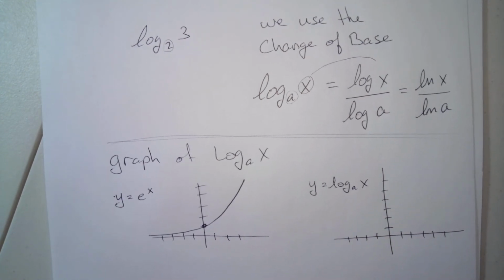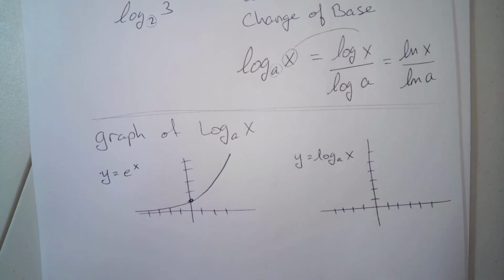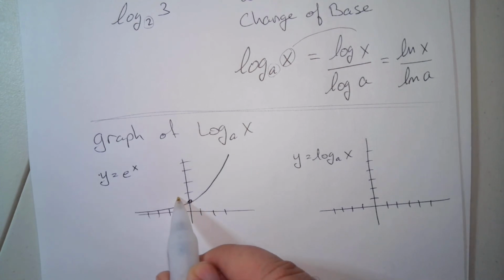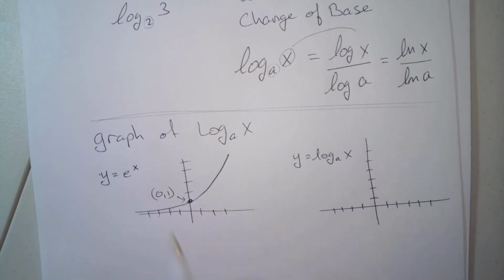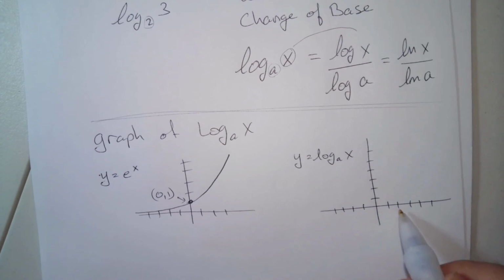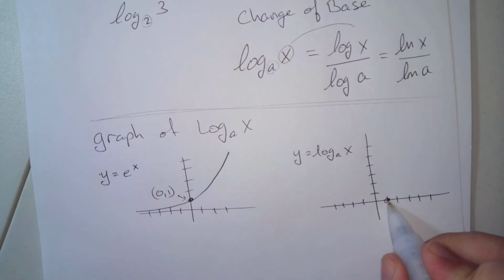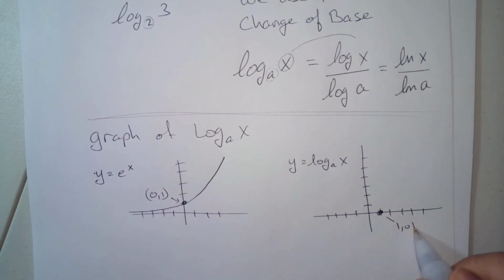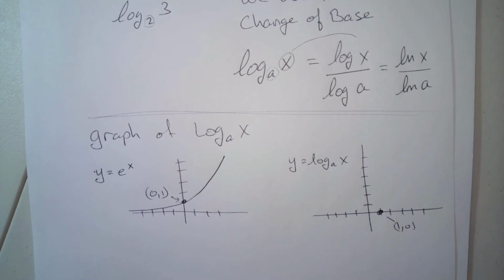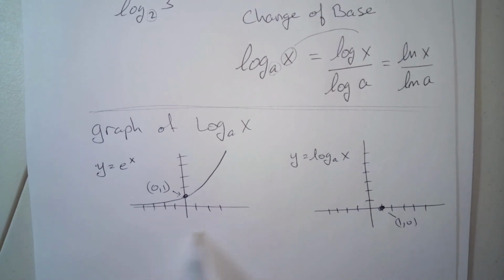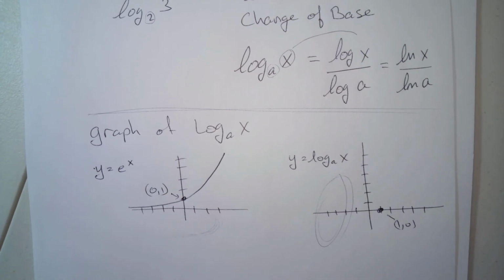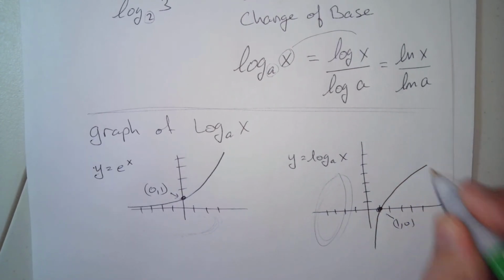It is the inverse of the exponential function. Remember what inverse means? You switch x and y. So this point here used to be 0, 1. So on this graph, we have to switch the x and y. So instead of having a y-intercept, we have an x-intercept at 1, 0. Since this one here couldn't have any negative y's, on this one, you cannot have any negative x's. This graph looks like this.